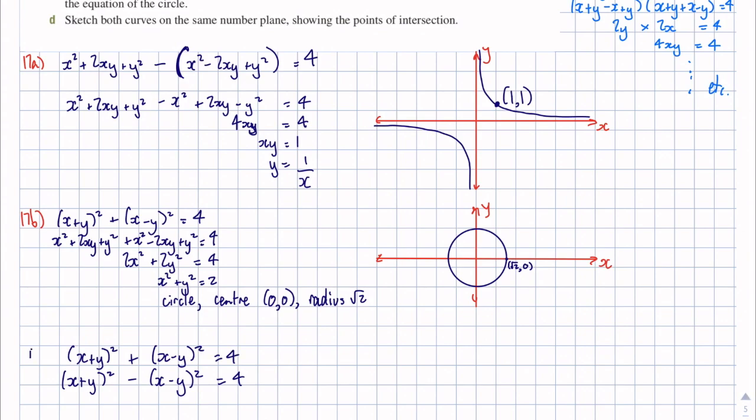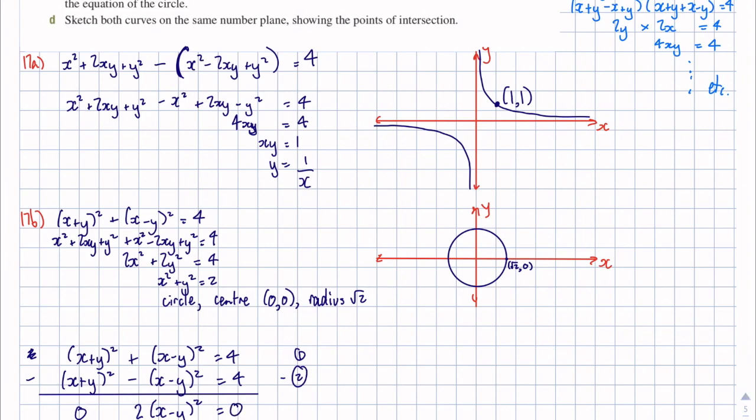So if I'm doing this equation minus this equation, let's do it top and bottom. X plus y squared minus x plus y squared comes out as 0. X take y squared minus negative x take y squared, the minus minus goes to the plus, so I've got 2 lots of x take y squared. 4 take 4 equals 0.